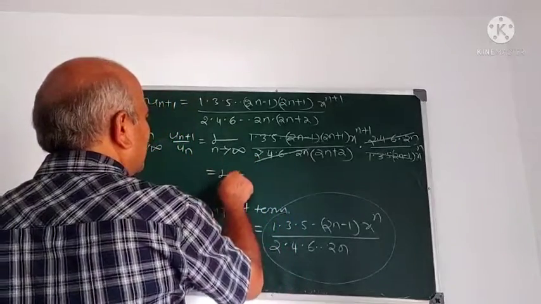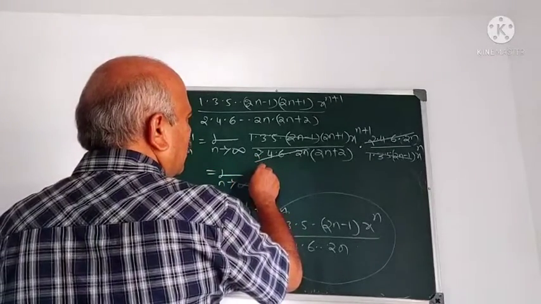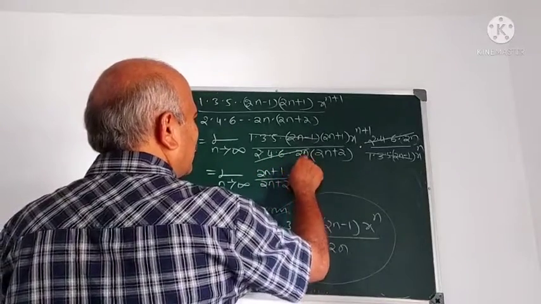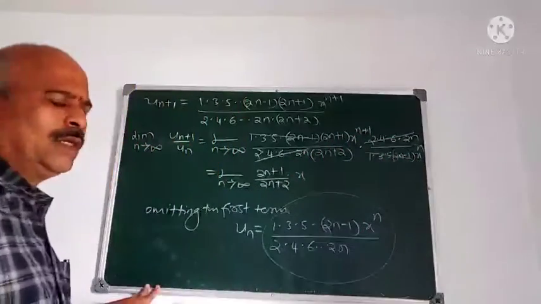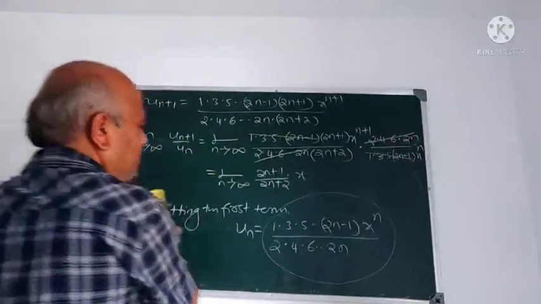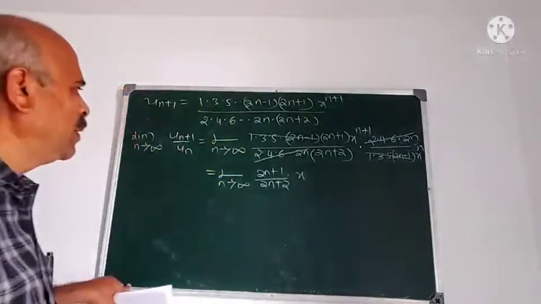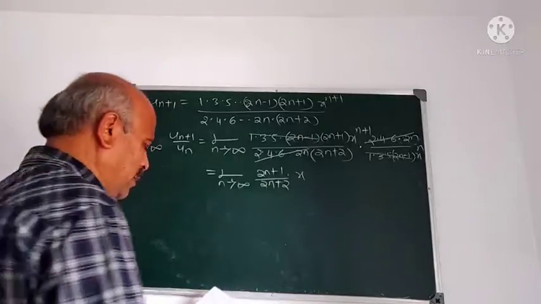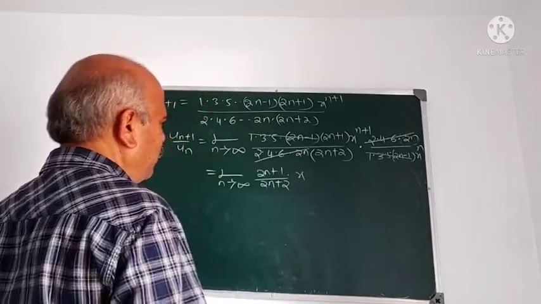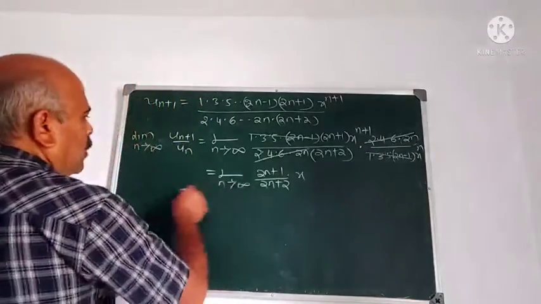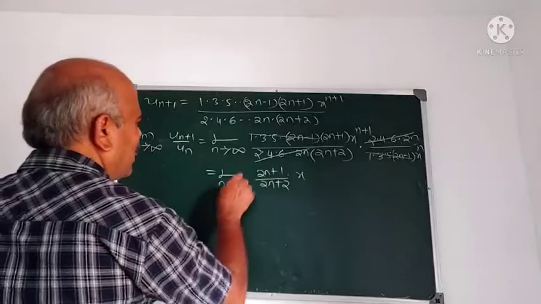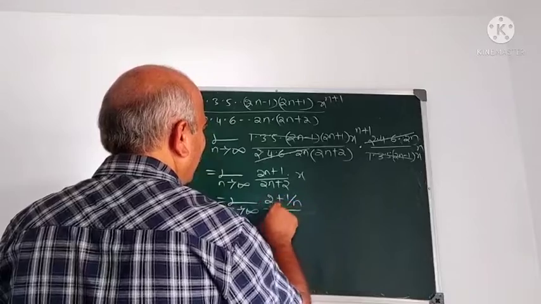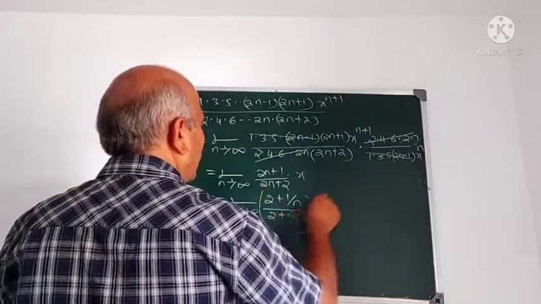So we get limit n tends to infinity of 2n plus 1 upon 2n plus 2 into x raised to n plus 1 by x raised to n, which is x. Therefore, the limit is n tends to infinity of 2 plus 1 upon n divided by 2 plus 2 by n into x.